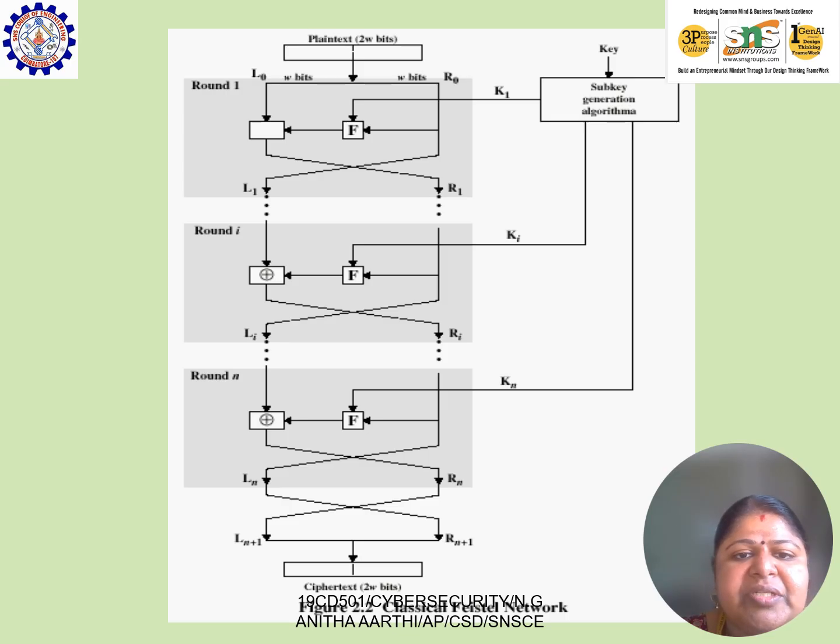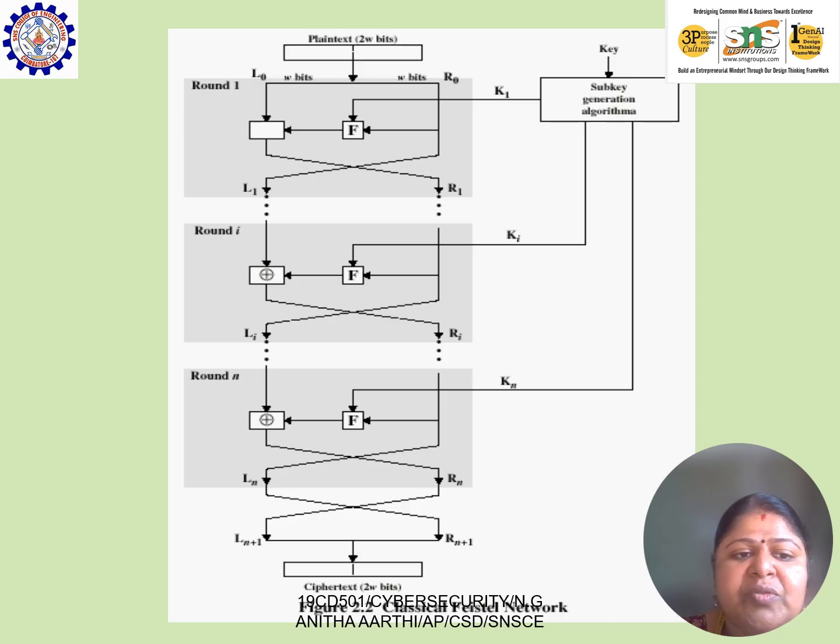The subkey generation algorithm generates the keys K1 to Kn, and these are used in the encryption function to create the intermediate ciphertext, and this is transmitted to the next block.